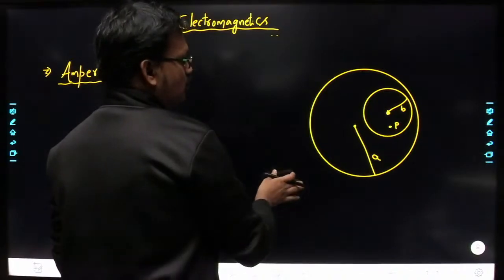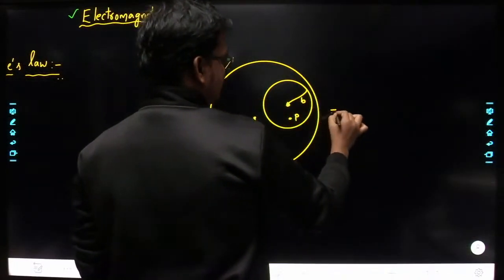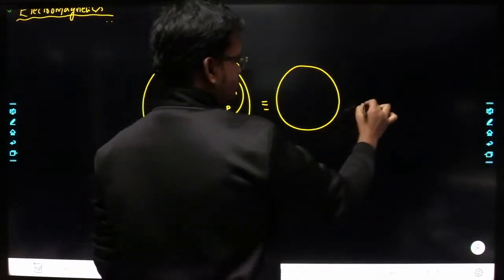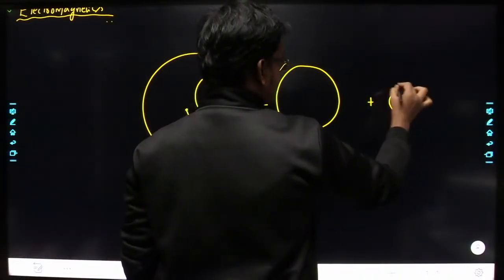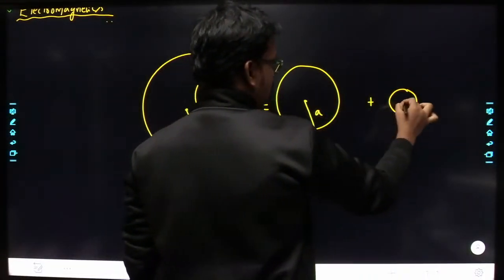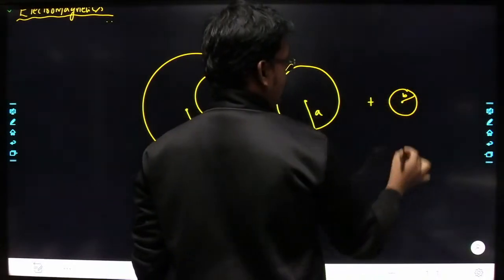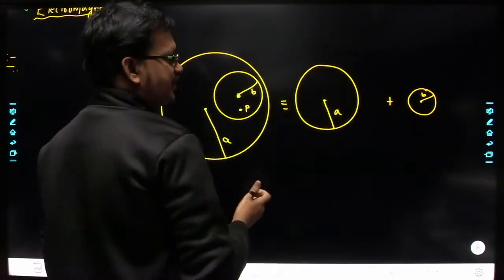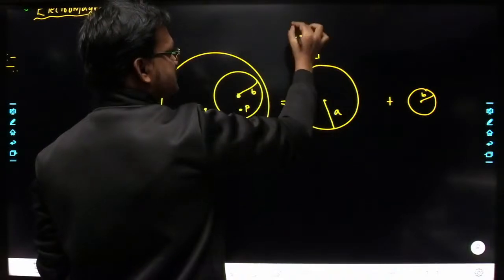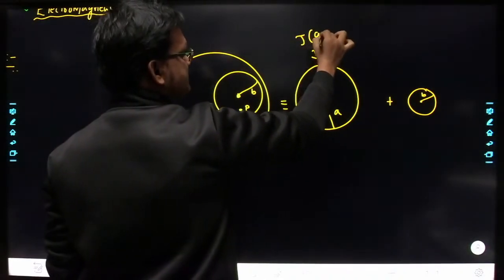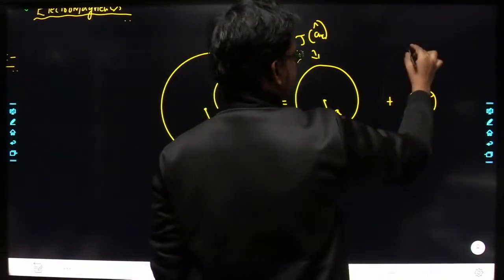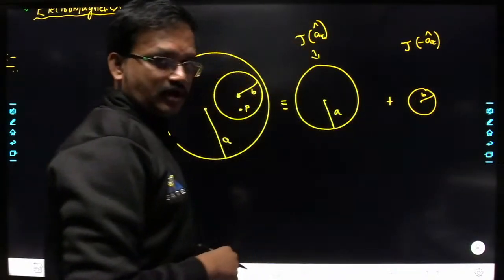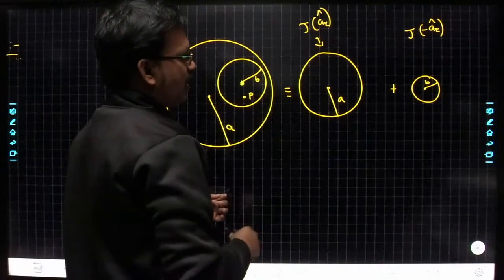We have split this into two current distributions, one of radius A and another of radius B, so two cylindrical wires. One is carrying a current density of J in the a_z direction, and the other is carrying a current density of J in the opposite direction, that is, the negative z direction.